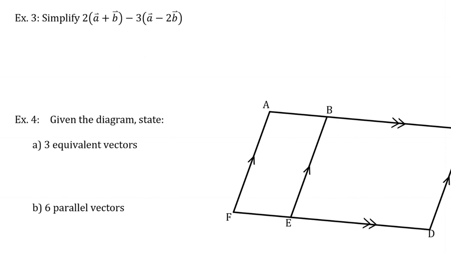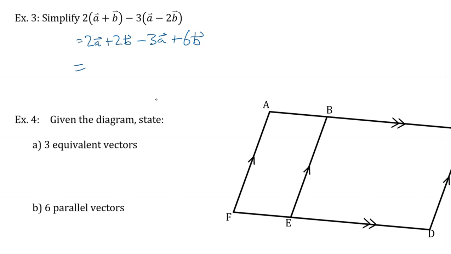Okay, so here's a quick example of how we could simplify this. This is just using those properties. 2 times (vector A plus vector B) would be 2 vector A plus 2 vector B, minus 3 times (vector A minus 2 times vector B) will be minus 3 vector A plus 6 vector B. And I can collect like terms.